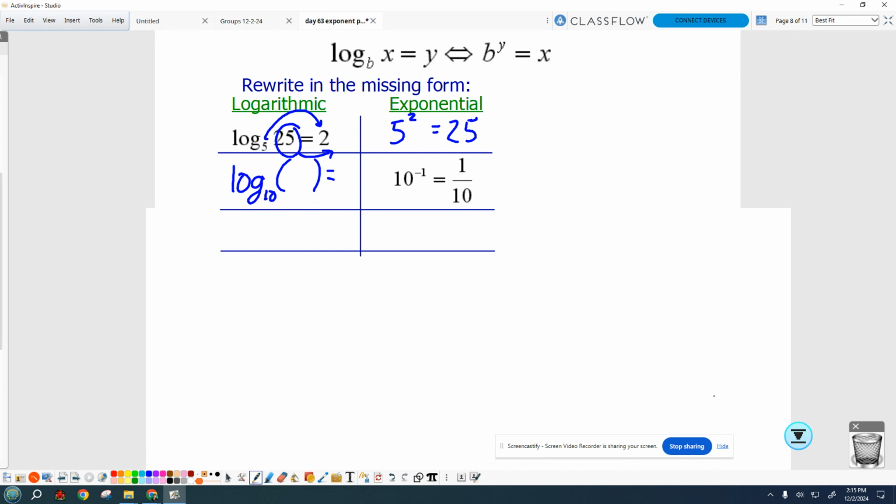What goes in the parentheses? 1/10. What goes on the other side? The exponent, the -1. Why is it in parentheses? Because it's a fraction, there were too many things. I did not need to write the 10, but when the thing I'm stuffing inside is complicated, so.